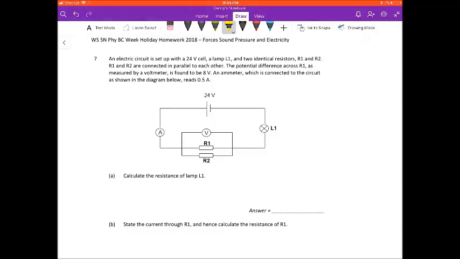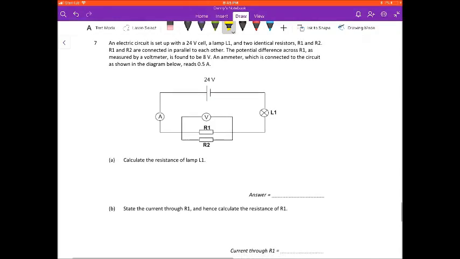Okay, last question, electricity. Please go and revise your formula for your test. V equals E over Q, I equals Q over T, and finally R equals V over I. You will definitely need these three formulas for the test.